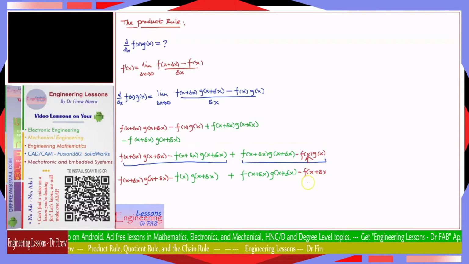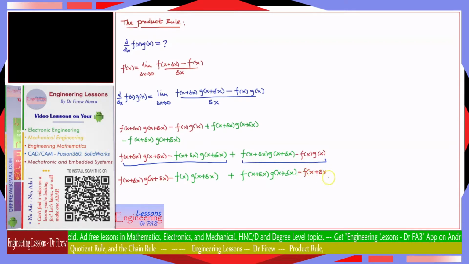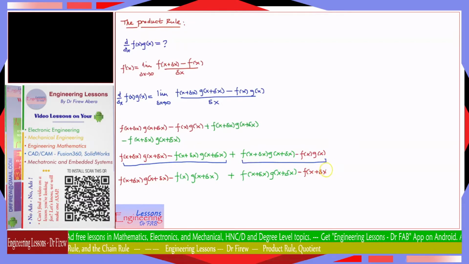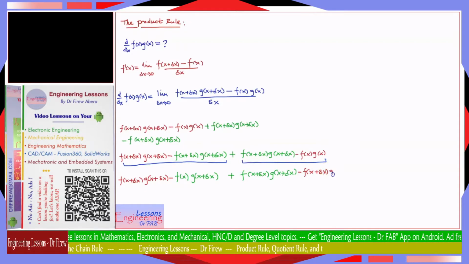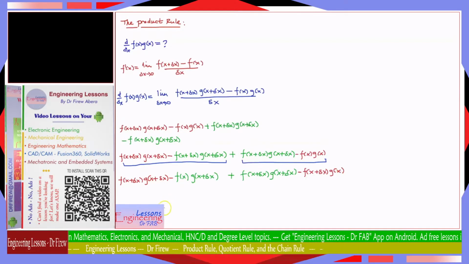As far as that is a very small number which approaches 0, I can choose to do that, times I'll keep the rest, g of x.